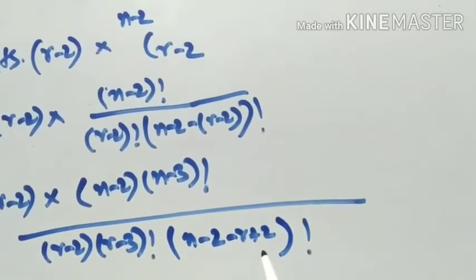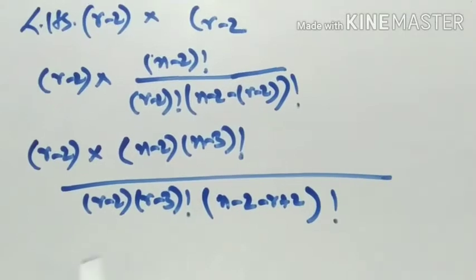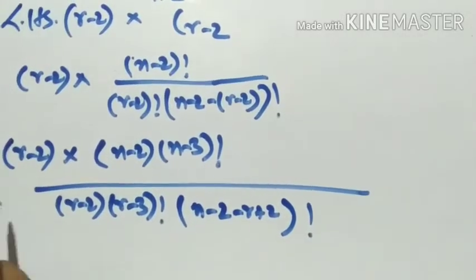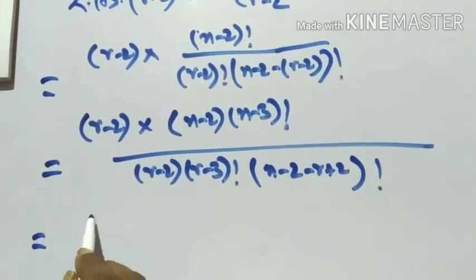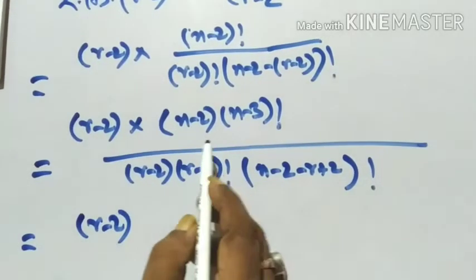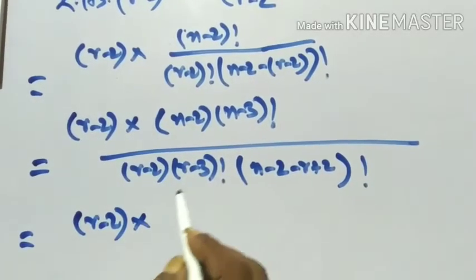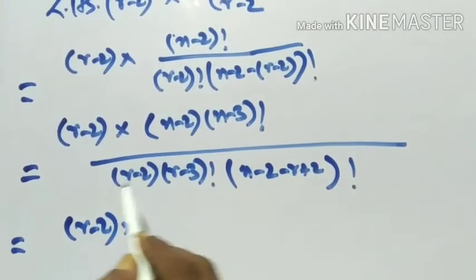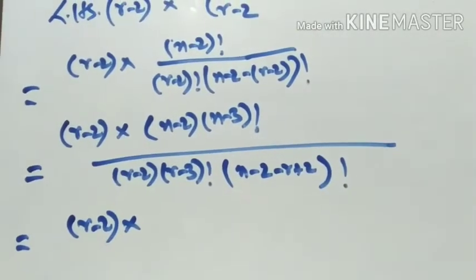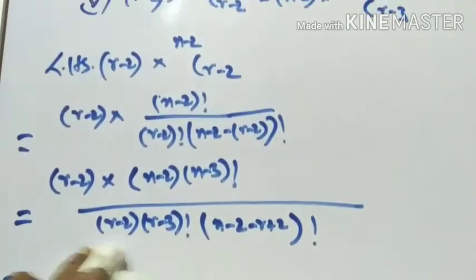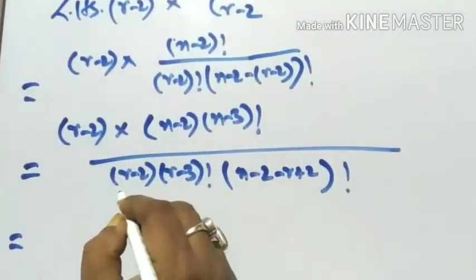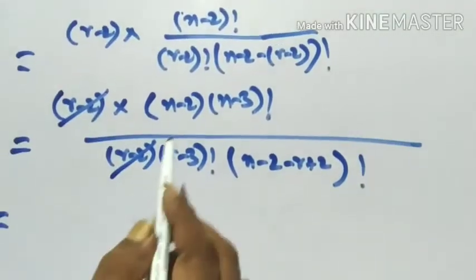When we open it, the 2 and 2 cancel out. It is better that we cancel out this r minus 2 and r minus 2.